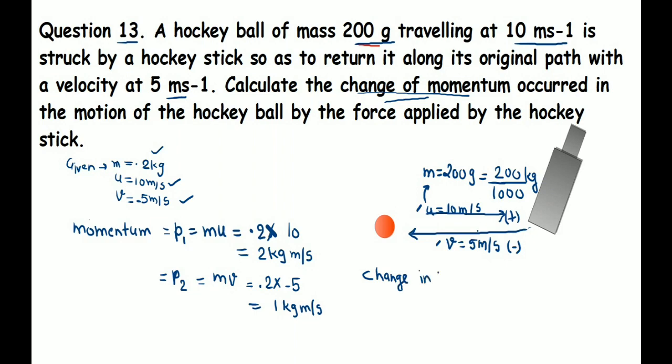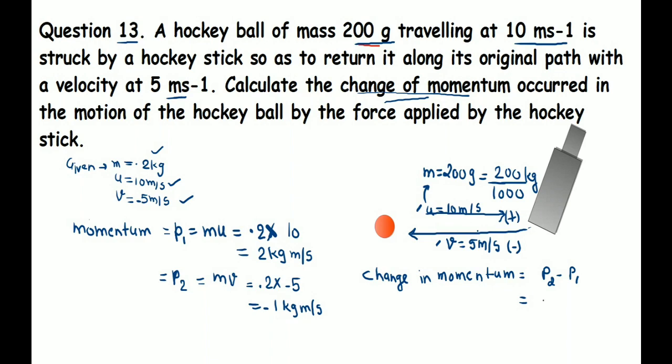So now what will be the change in momentum? The change in momentum is final minus initial, that is P2 minus P1. Now what is P2? P2 we have found out is minus 1 kg meter per second, am I correct? Because the direction of the ball is different, and direction in physics is represented with the negative sign.